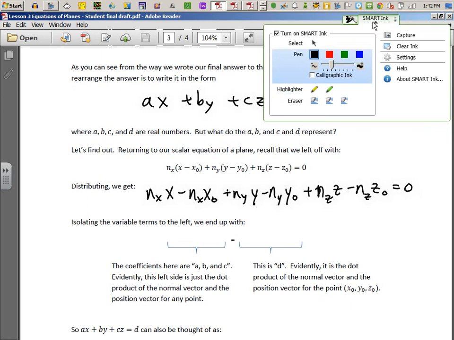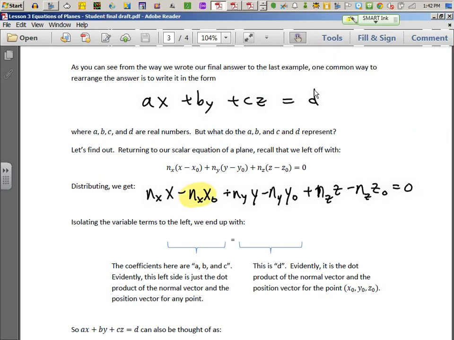And if you take just the yellow terms over to the other side, these terms are numeric. The others are variable terms. So the left side is n_x x and n_y y and n_z z. But the right side, I'm moving the three yellows over, n_x x_0 plus n_y y_0 plus n_z z_0.